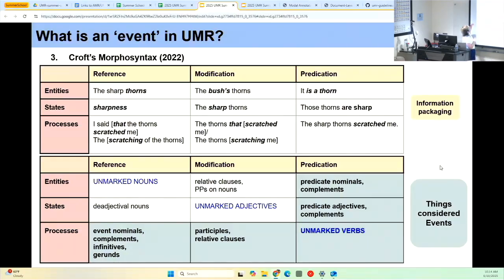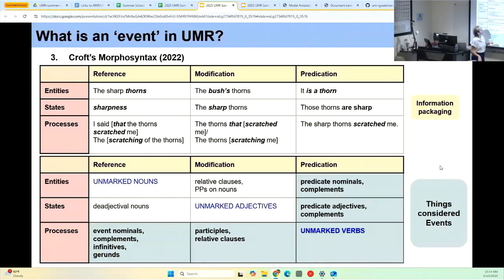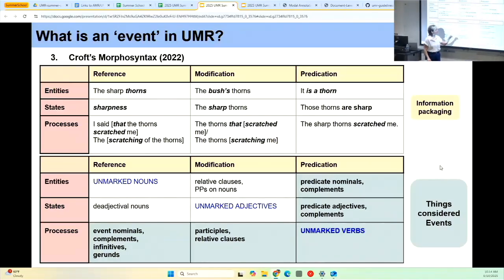We've got 3 different semantic types, and we've got 3 different modes of expression. So entities would be things like thorns, states would be things like sharpness, processes are going to be anything that happens. Predication is going to be anything that is a verb, obviously, as a predicate. You can spend more time thinking about how things fit into this.